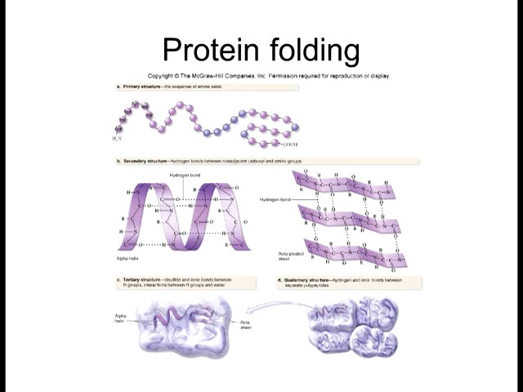Yes, the atoms are held together by covalent bonds, but due to the polarity of this molecule, it starts forming these loops and helixes that are created because of hydrogen bonding. Otherwise, you just have these flat, very linear molecules. But due to hydrogen bonding, it creates loops and whirls, and that's what gives proteins their shape and their function.